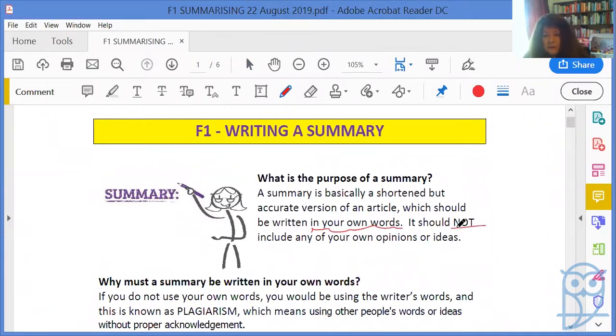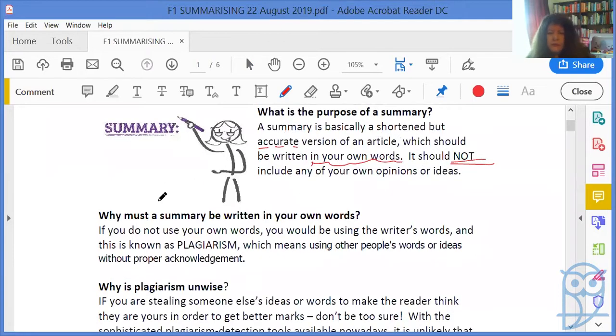It should not include any of your own opinions or ideas. In other words, if it's about surfing on the beach, you can't go in and say, wow, surfing on the beach is fantastic, I love it. No, no, no. You've got to look at what the author has said and try to accurately depict what he has said.